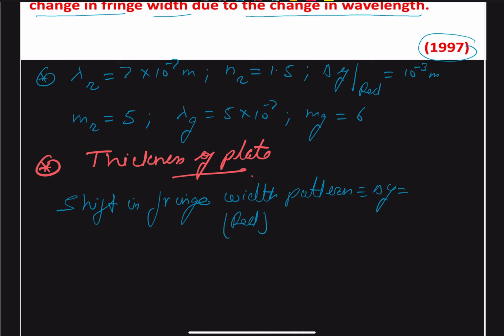So delta Y will be equal to refractive index of red minus 1 multiplied by thickness t, capital D upon small d. And it is given that the shift is equal to the position of the fifth bright fringe. Okay, that is also given in the question.